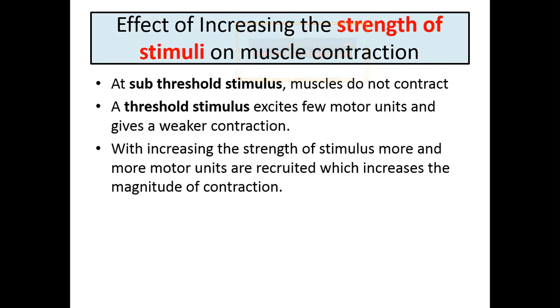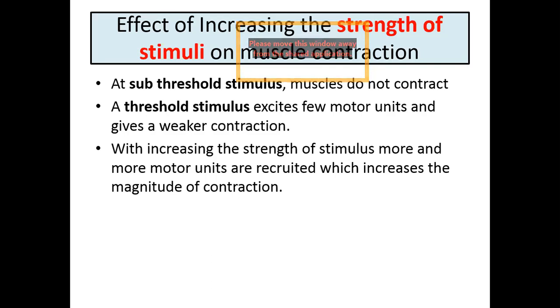recruitment of motor units. It is said that whenever the motor units are going to be activated, the first motor units which are activated are the small motor units. Okay, small motor units followed by medium sized and large sized. When I say small motor units, means the motor units with less number of branches, less number of muscle fibers they innervate.